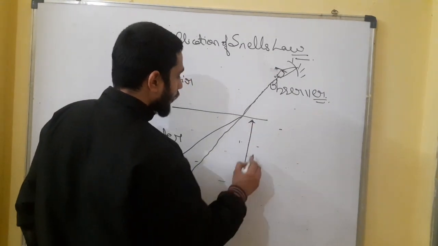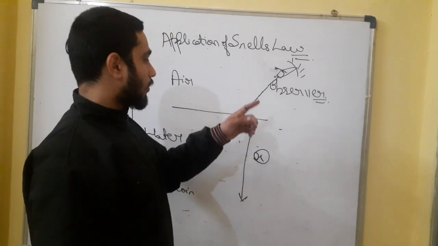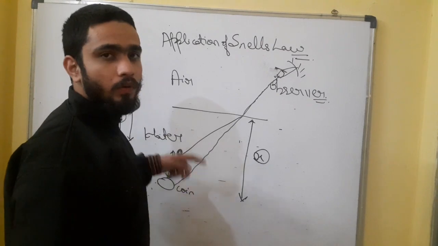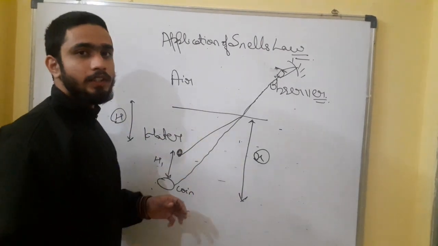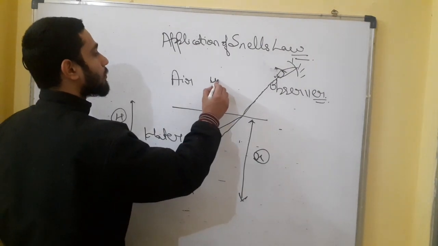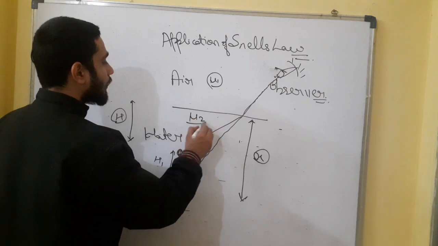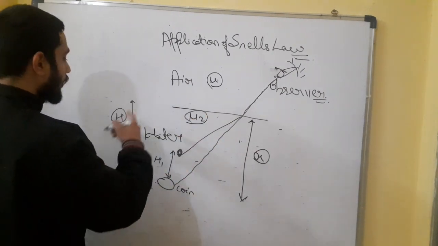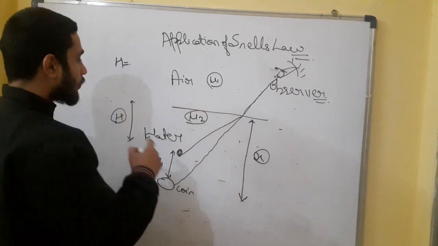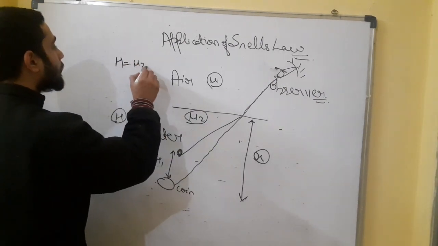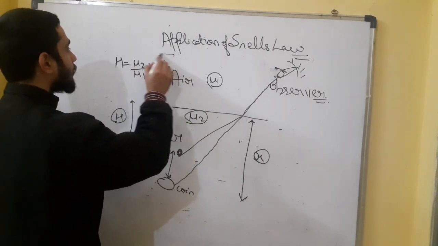Suppose that the original depth of the coin in the water was x, but what the observer will see is just h. And suppose that air has a refractive index mu1, water has refractive index mu2, then the distance which the observer sees, h, is equal to mu2 by mu1 into x.